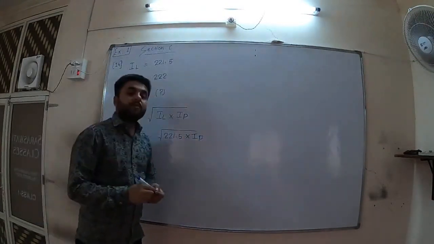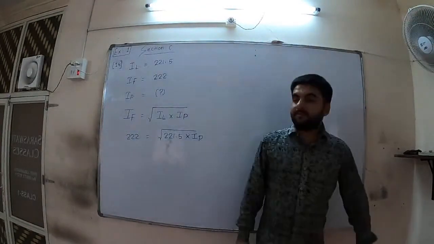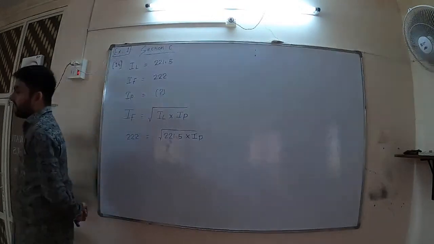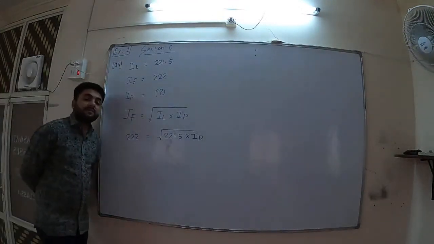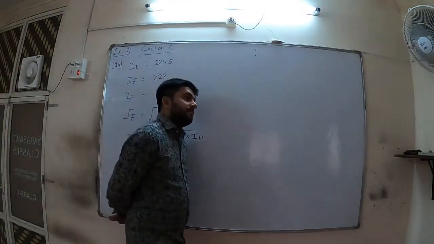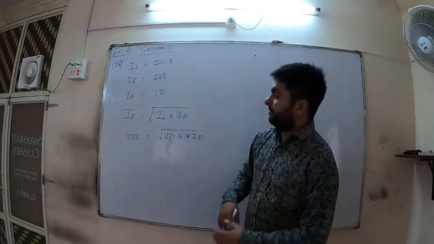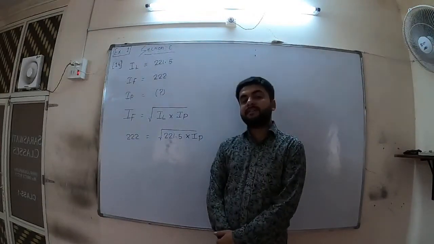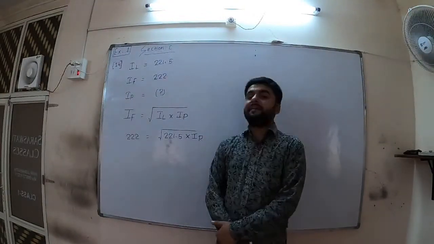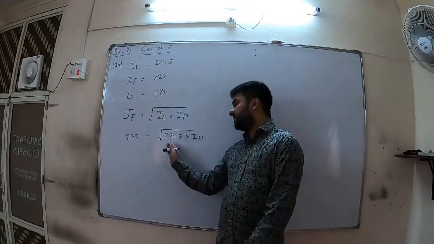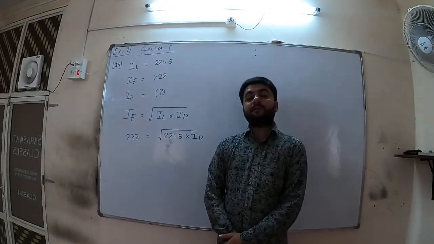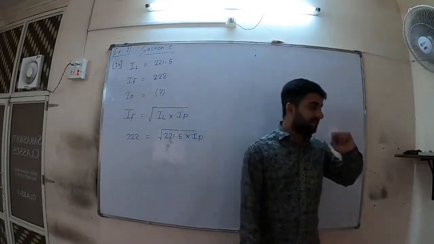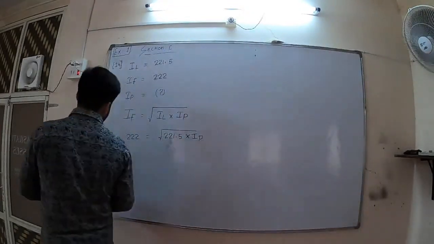Now most of you don't know how to solve further, because in 11th standard also this thing was problematic for each one of you. Now how to solve this? See, on the left hand side a digit is given. On the right hand side digits are given, but it is in square root. Now in order to remove this square root, square on both sides. Okay, square on both sides.